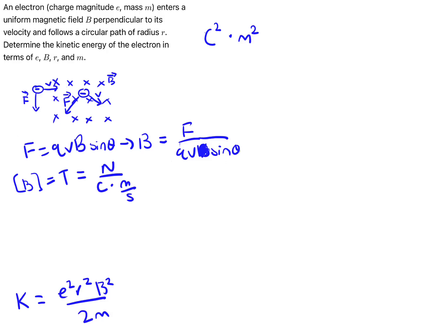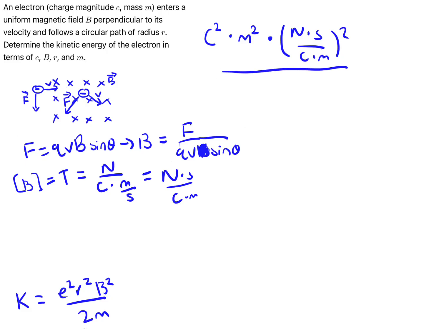And sine of theta is just a number, so it doesn't matter in terms of our units. We can simplify this a bit, and that's the unit of a Tesla, which is a unit of the magnetic field B. So we can plug that in for the units of B.